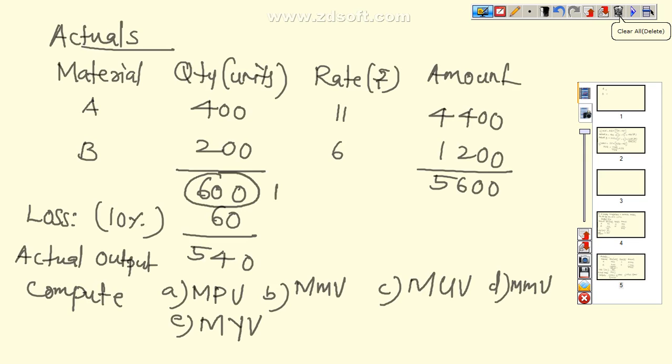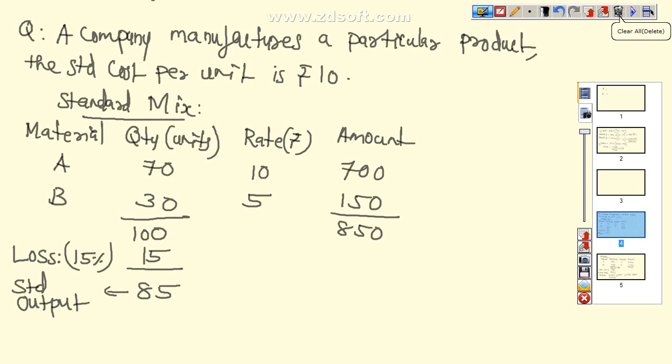Total standard quantity means 70 plus 30, which is 100.